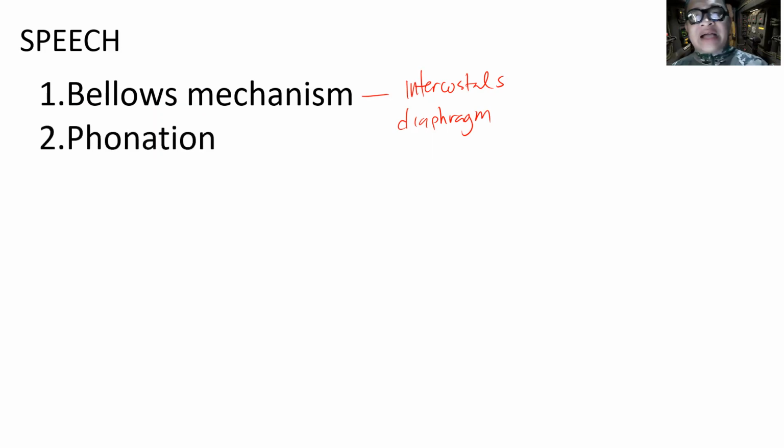And with that, as the air comes out of the air passages, it passes through your larynx, through your vocal cords. That's phonation. Vocal cords, that's your larynx, and when we're talking about larynx, we're talking about the vagus nerve.